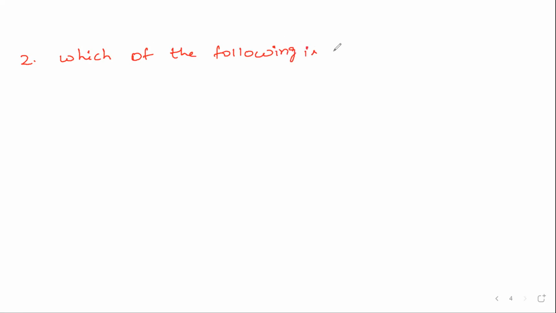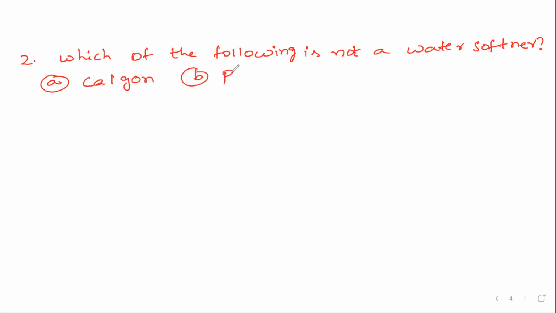Option A, it is Calgon. Option B, it is permutit. Option C, it is sodium carbonate. And option D, it is sodium sulfate.